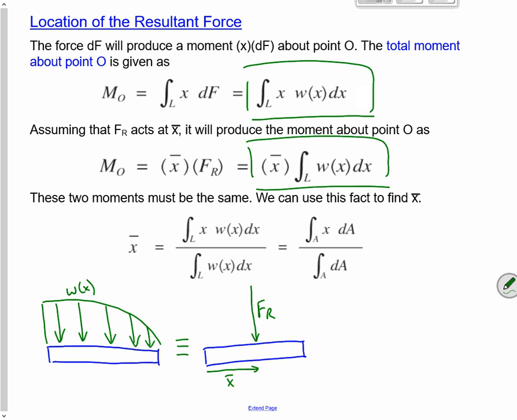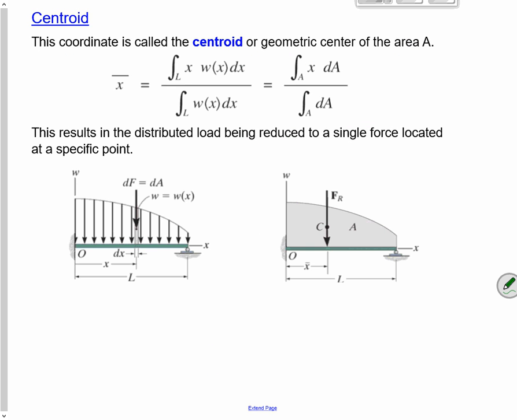And when I do that, that's what I get. The coordinate is called the centroid or geometric center of the area. And we'll talk more about centroids later in the course. Right, that results in the distributed load being reduced to a single force located at a specific point, which is what we were trying to do, simplify it.